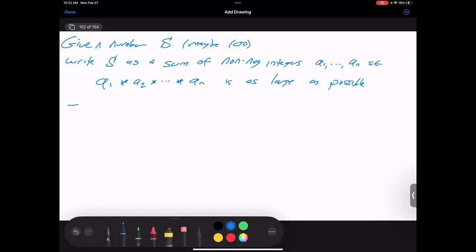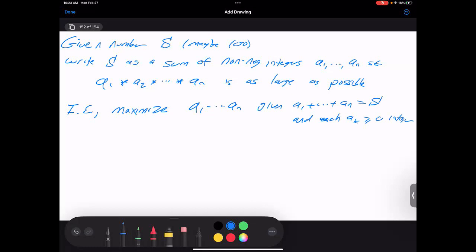So, i.e., maximize the product A1 through AN given A1 plus through AN equals S, and each AK is greater than or equal to 0 is an integer. And whenever you see constraints like this, you always want to ask, why am I putting some of these constraints in?